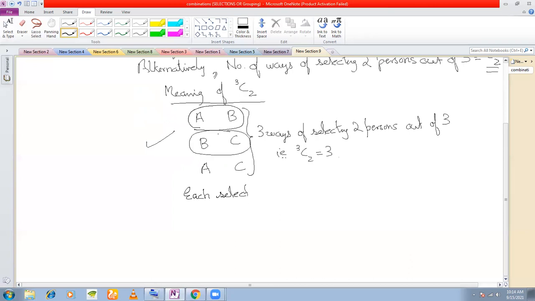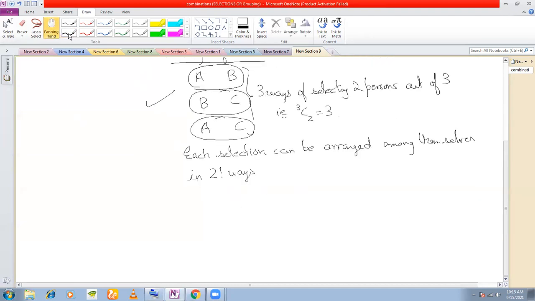Each selection can be arranged among themselves in factorial 2 ways, right?